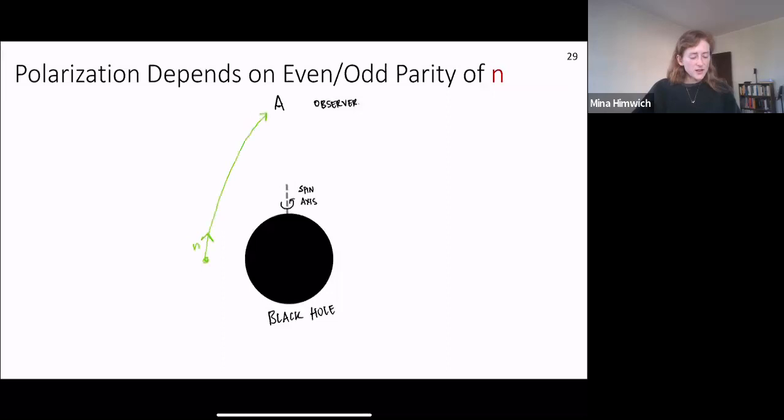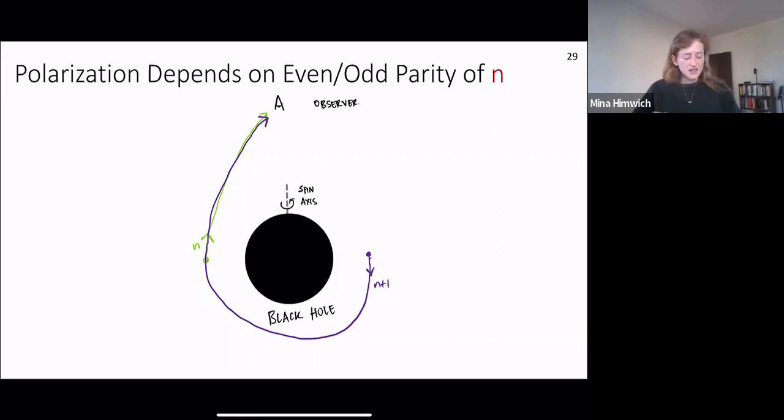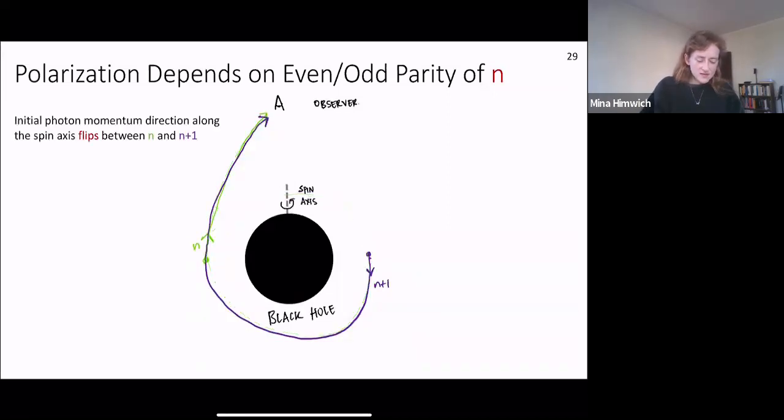If we have a photon that executes n half orbits and arrives at the observer, and then we think about a photon that executes n plus 1 half orbits, we'll see it should have an initial momentum that's oppositely directed relative to the spin axis. It's only the n and n plus 2 subrings that will have the same initial momentum relative to the spin axis.